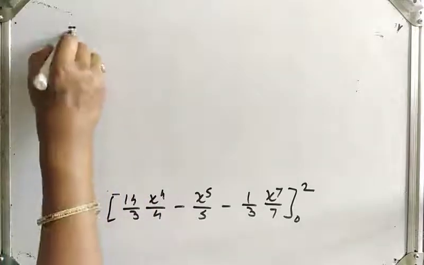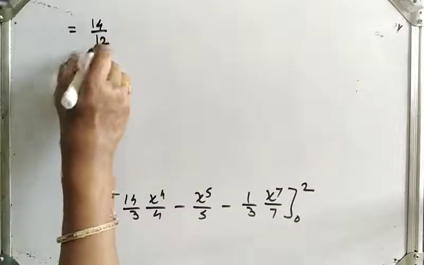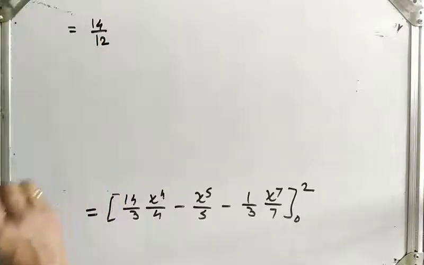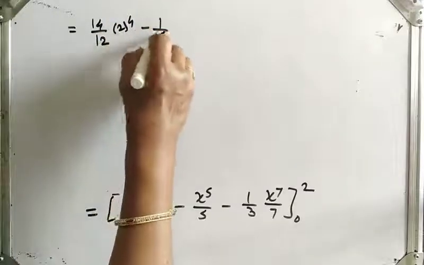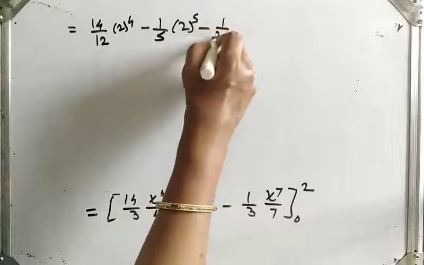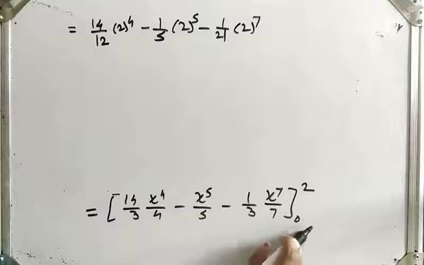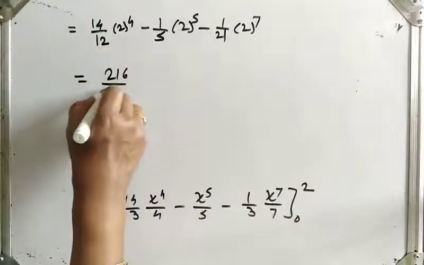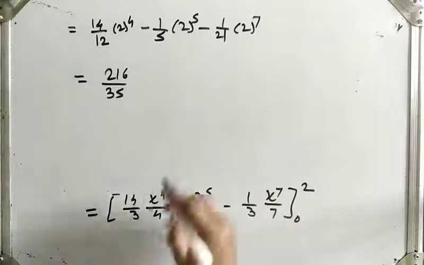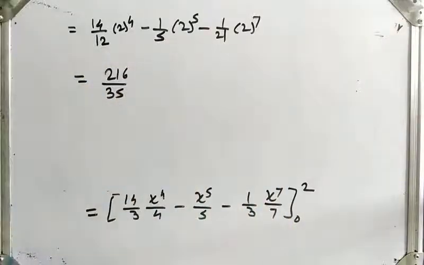It will be 14 upon 12 into 2 raised to 4, minus 1 upon 5 into 2 raised to 5, minus 1 upon 21 into 2 raised to 7, minus 0, since the lower limit is 0. After taking the LCM and solving, you will get the answer 216 upon 35. Check whether this answer is correct by doing this subtraction.